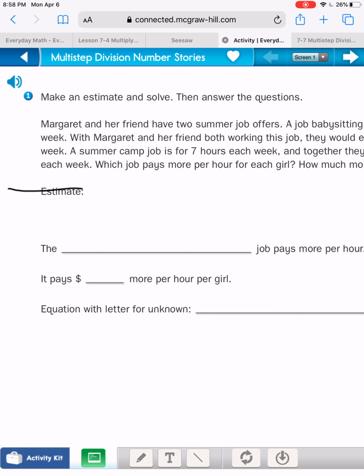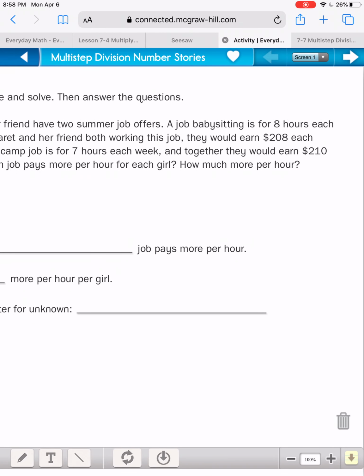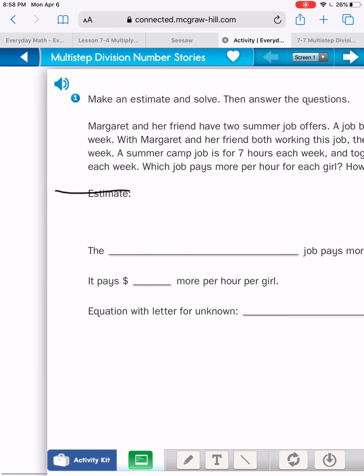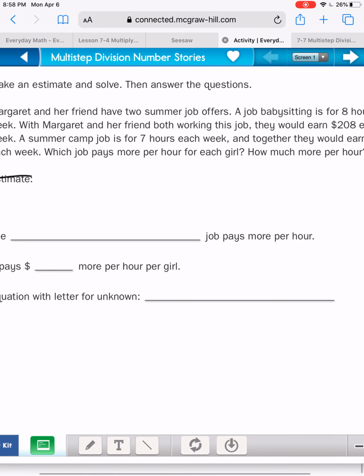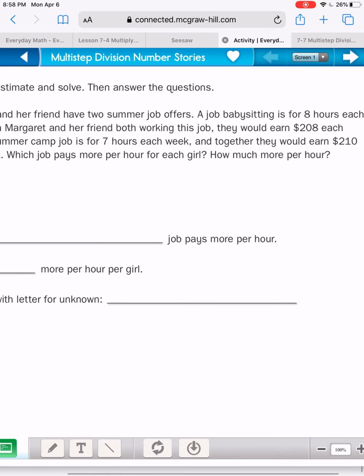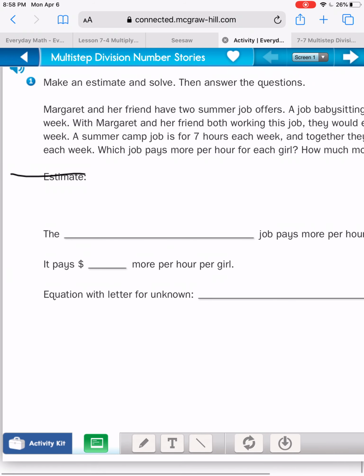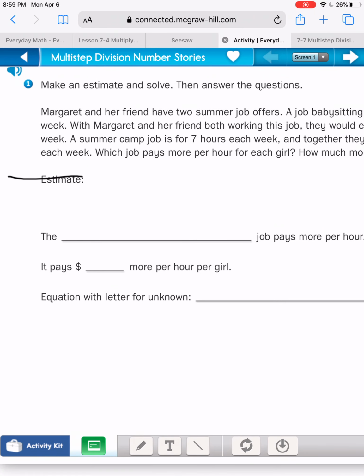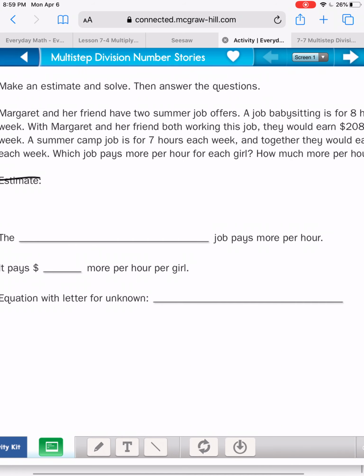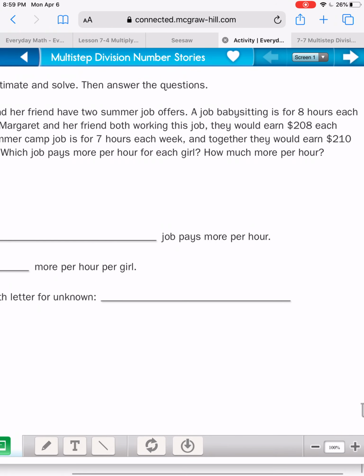The first job is babysitting, and they would have to work 8 hours each week. With the 2 of them working, they would earn $208. The next one is a job at a summer camp, and that is only 7 hours a week, so it's one less hour per week. And together they would earn $210. So it's a little bit more.